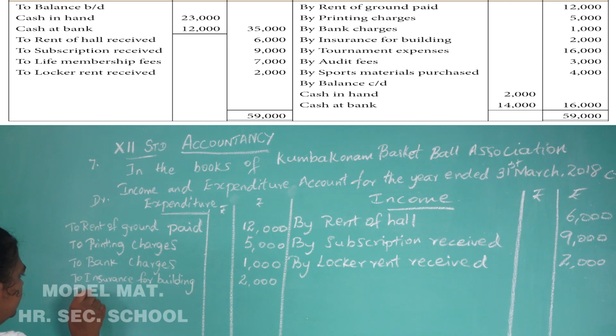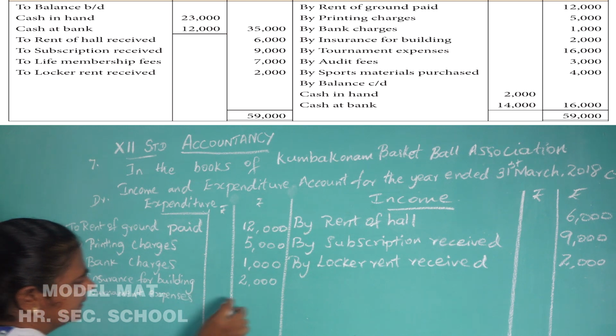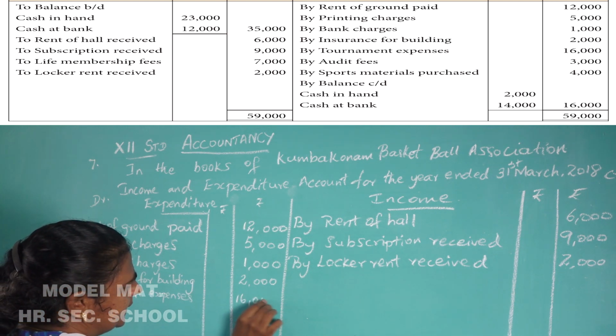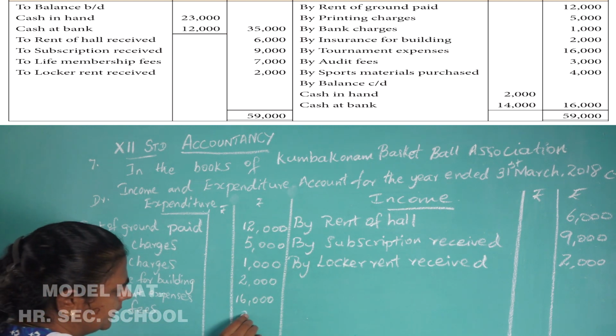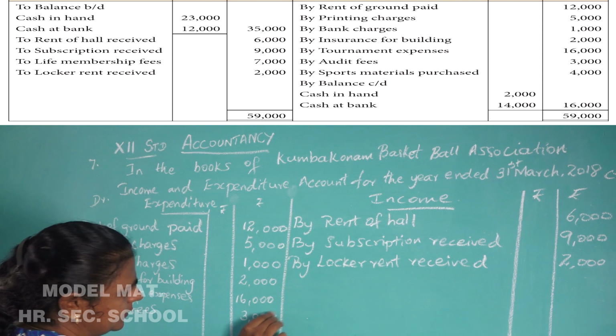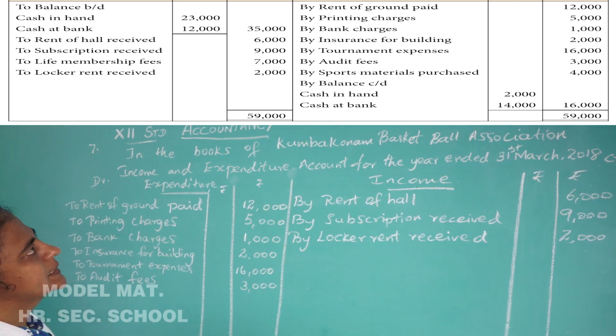To tournament expenses, 16,000. It's also an expense. Audit fees, 3,000. It's an expense. Audit fees, 3,000.